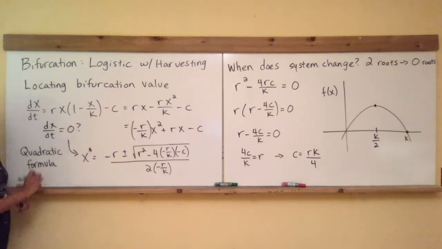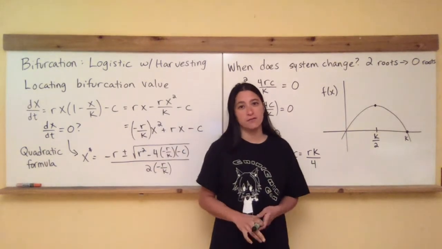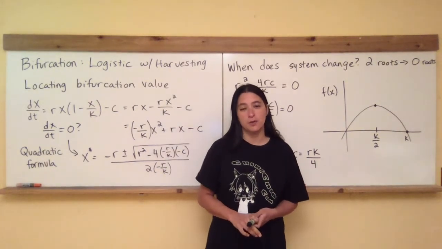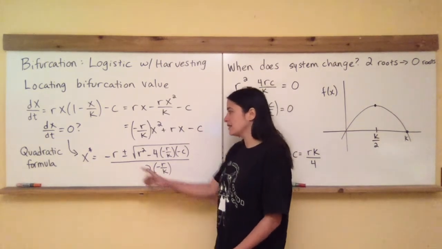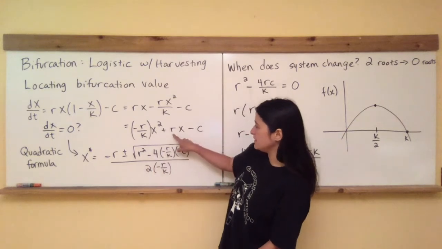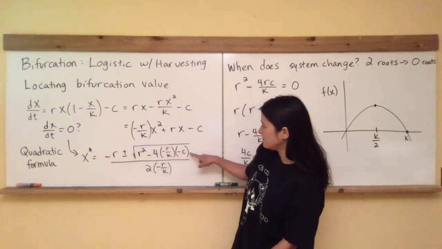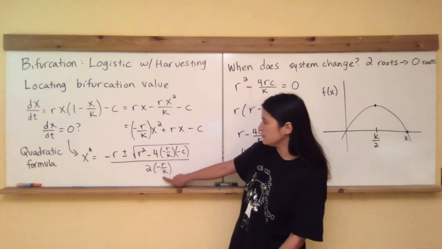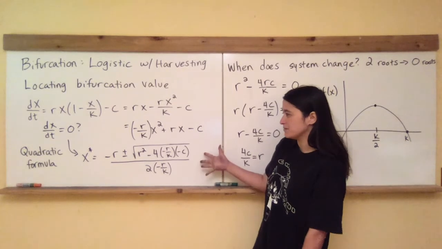Answer: right here, at these x star. Remember, the quadratic formula gives us the places where a quadratic will be equal to zero, okay? And it goes like this: negative b plus or minus the square root of b squared minus 4 times a times c, all divided by 2 times a.